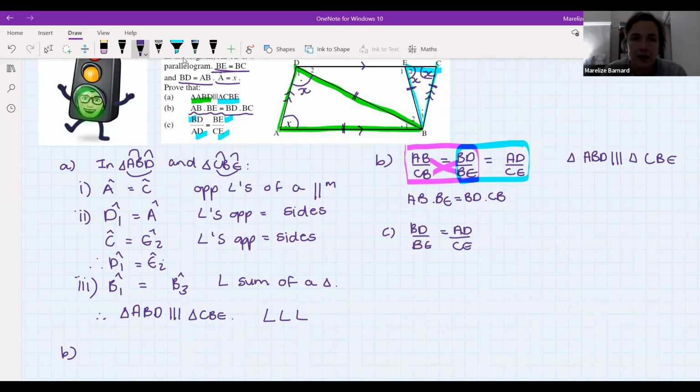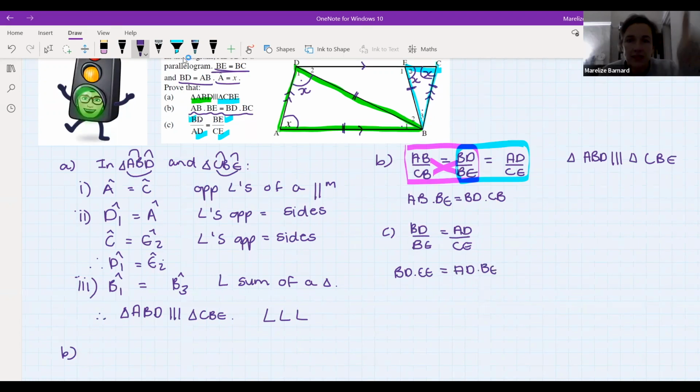What do we need? We need BD over AD. Okay, so my AD is in the wrong place at the moment. We need to somehow manipulate it to get it in the right place. Basically, BE and AD need to swap places. How can we do that? Cross multiplication. So BD times CE is AD times BE.